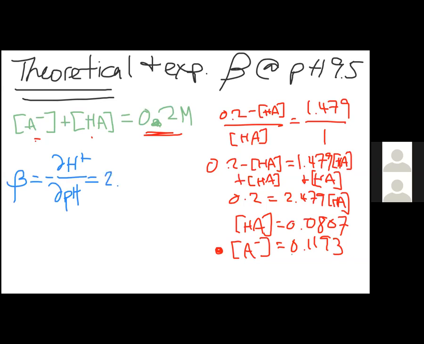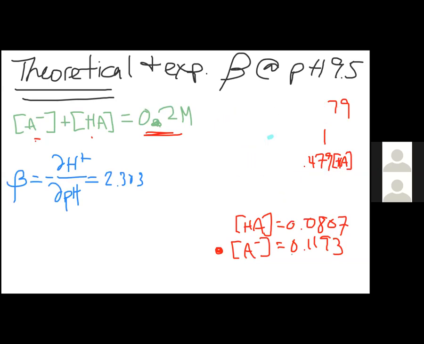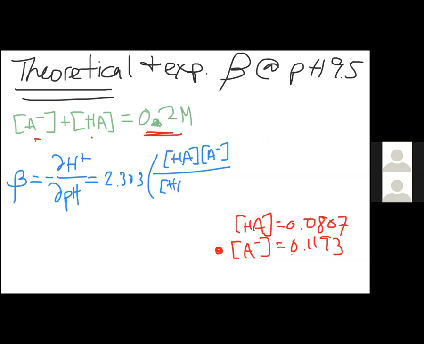It's 2.303, and I'm running out of space here, so I'll go ahead and erase some things that are not needed anymore, times the product of the acid and conjugate base concentrations divided by the sum of the concentrations of the acid and the conjugate base.